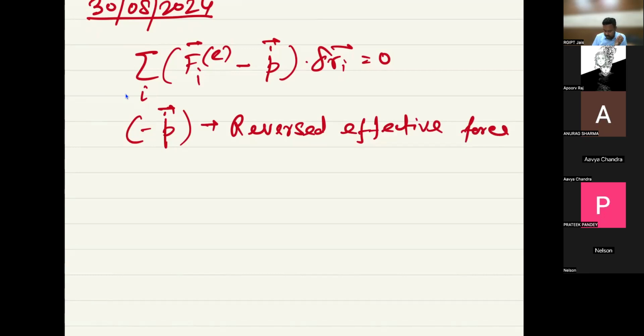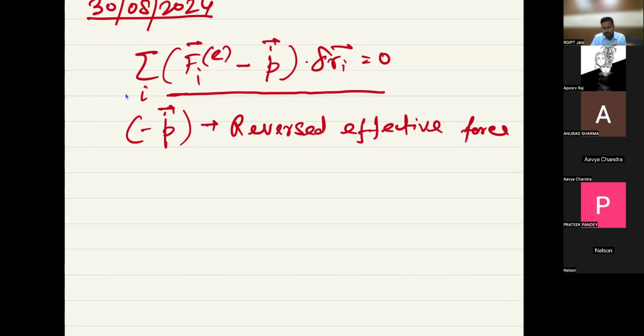So this statement tells you that when the system is in dynamic equilibrium, this combination of applied force and the rate of change of momentum due to inertia, if you project these two on the virtual displacement, should be equal to 0.